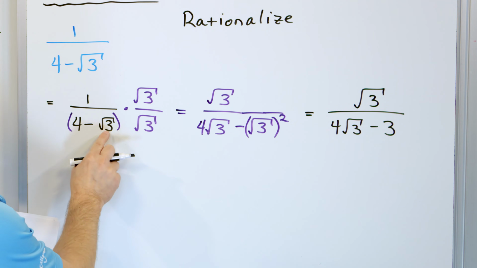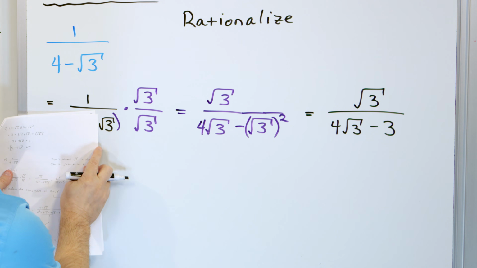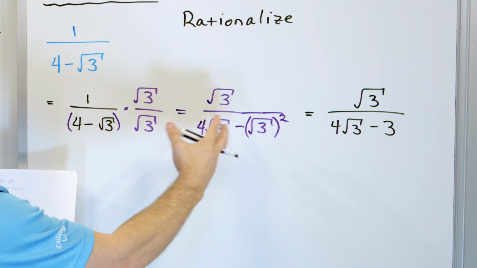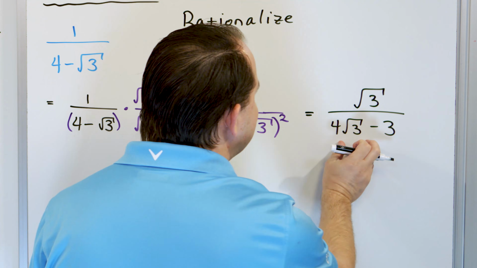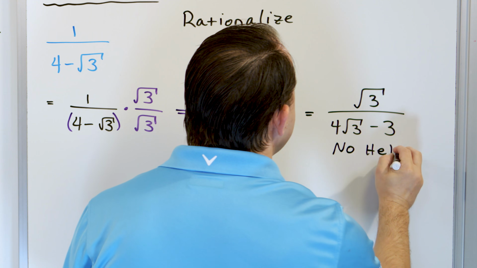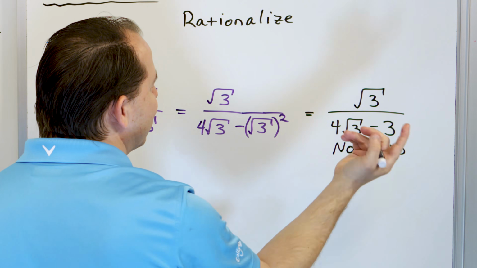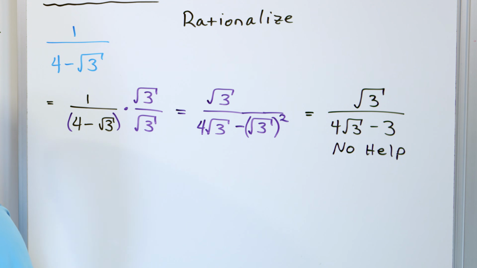So just multiplying by the radical, whatever it is, top and bottom, works perfectly fine if the radical is all you have. But because there's another number here, it screws it all up so that you end up with a radical anyway. So this is no help. This is totally equivalent to what we started with, sure, but it still has another radical in the bottom, so it doesn't help us.